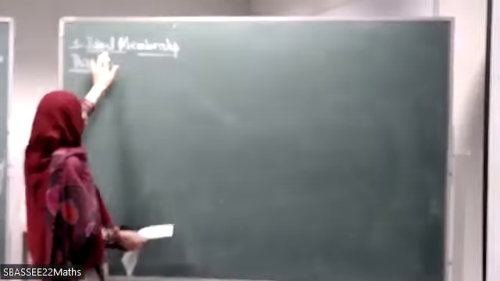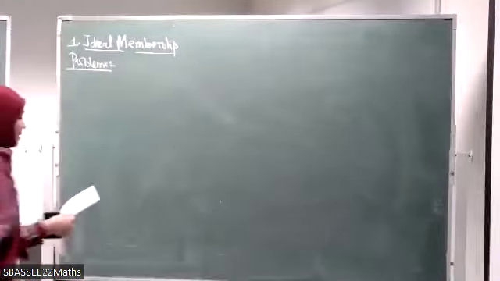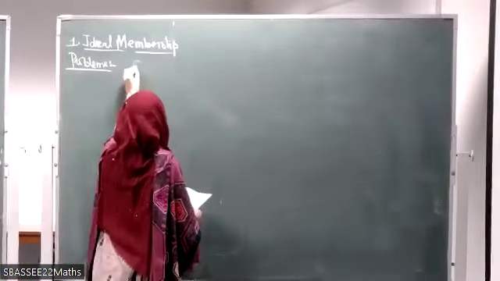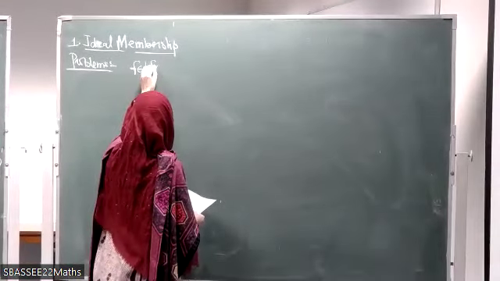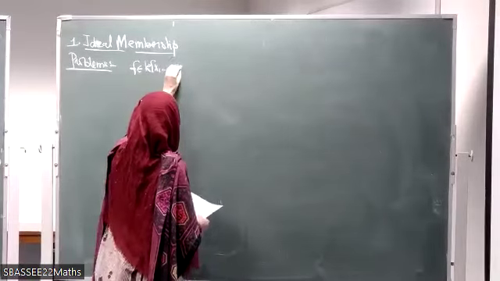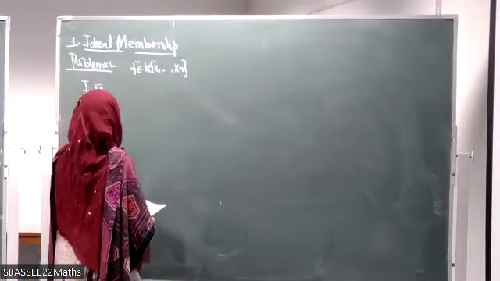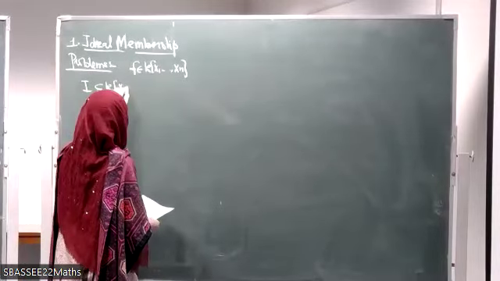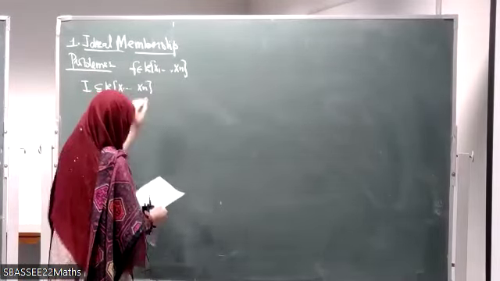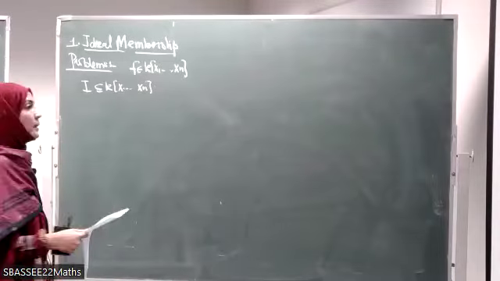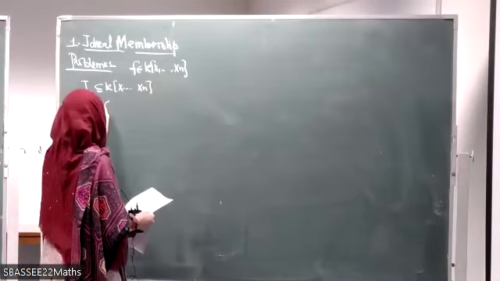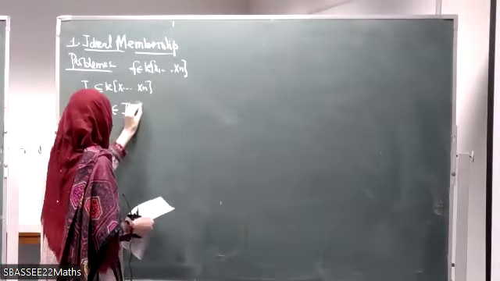Okay, so what is the ideal membership problem? For example, you are given a polynomial, and you have an ideal. How do you determine whether this polynomial is a part of this ideal?